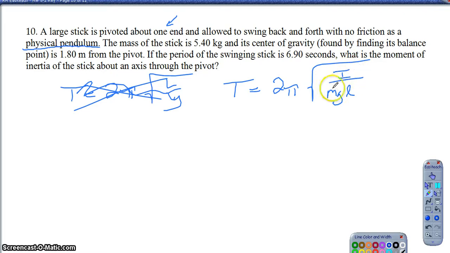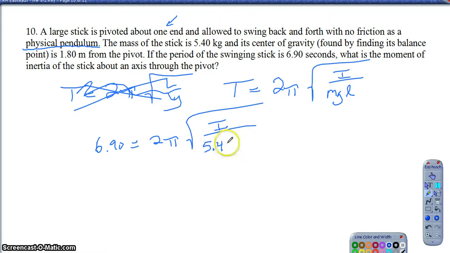So I don't have to worry about calculating that. I can actually just find the entire moment collectively by using this equation. I've got the period, the mass, gravity, and the length, and I'm just going to substitute all of that in. So the period of 6.90 seconds equals 2 pi times the square root of the moment of inertia, which I don't know, but I know everything else: 5.4 for the mass, 9.8 for the acceleration due to gravity, and then the length, how far from the pivot it is, so 1.80 meters from the pivot.